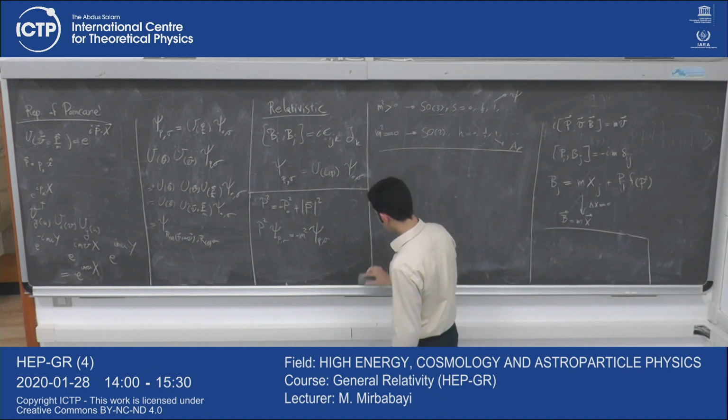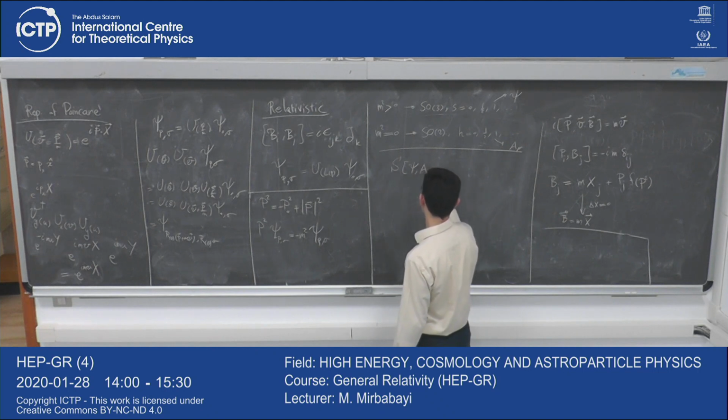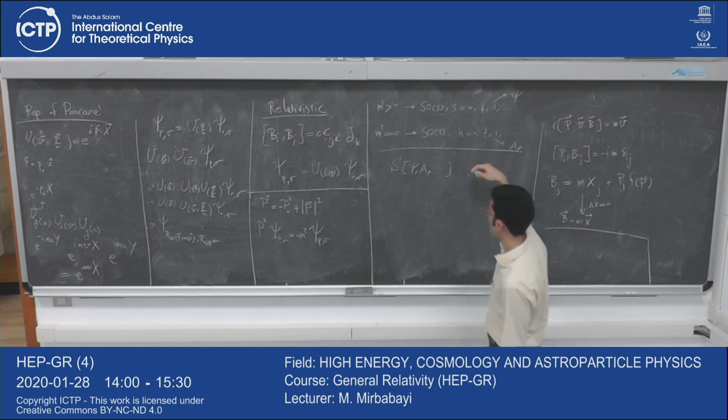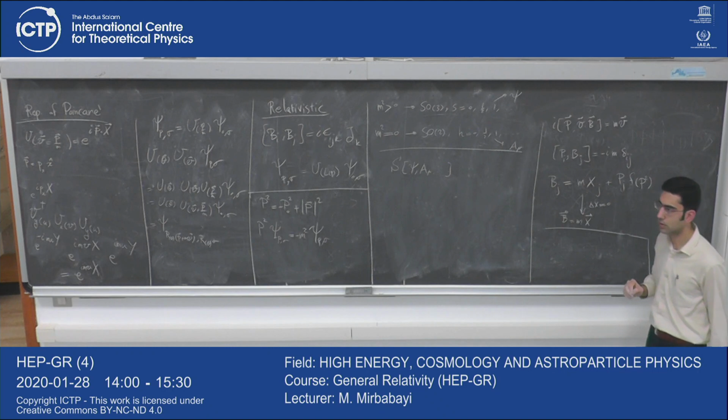And in order to find the relativistic theory for interactions of these particles, what we do is that we construct a quantum field theory, which is based on an action which depends on these fields, which themselves are constructed out of these creation and annihilation operators.